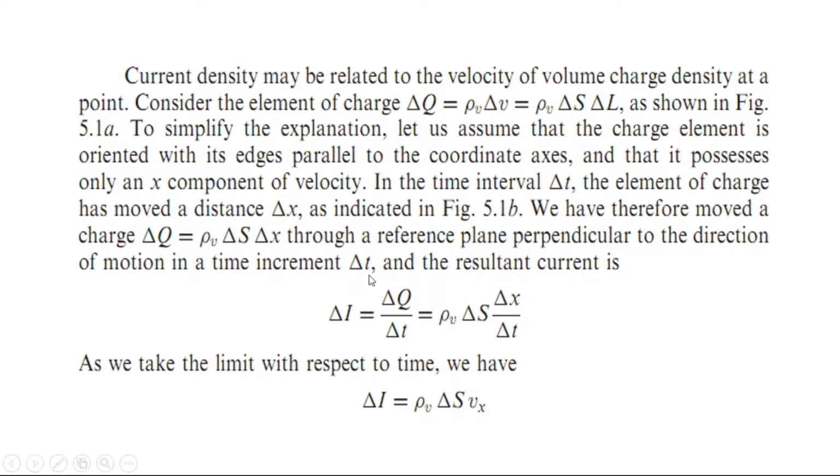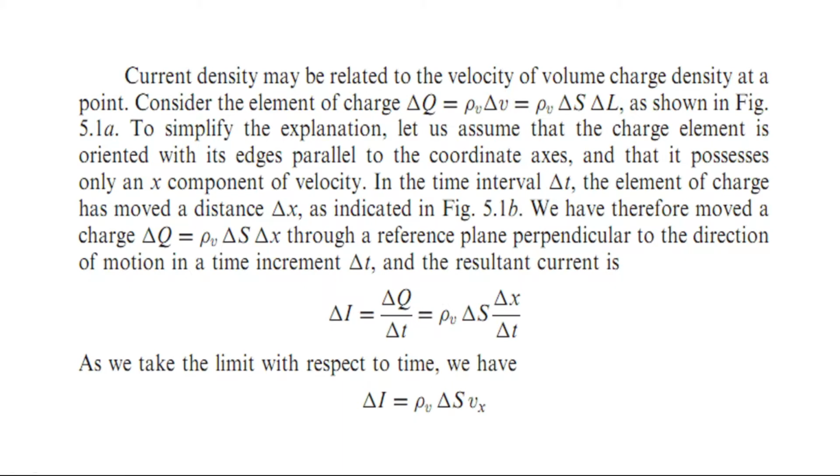The resultant current is del I equal to del q by del t, which is rho v del s del x by del t. And del x by del t represents the x component of the velocity, because the charges are moving along the x coordinate. So in the limit we have del I equal to rho v del s vx.